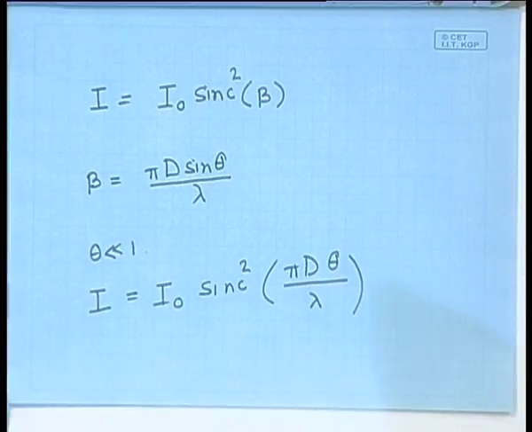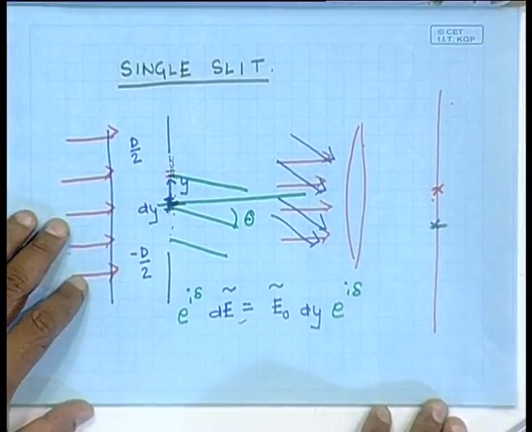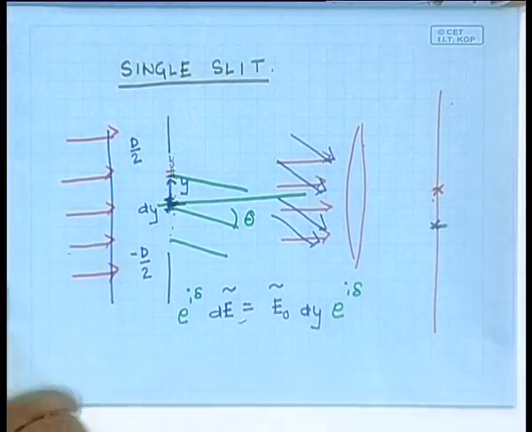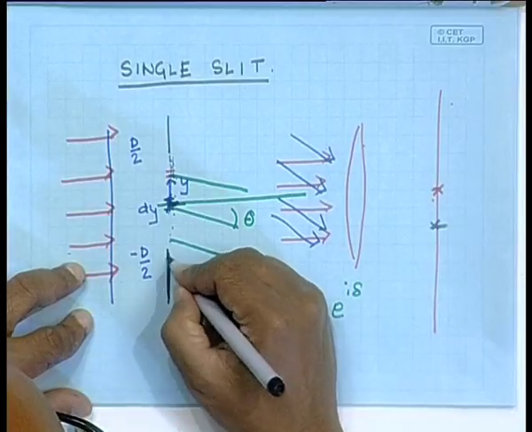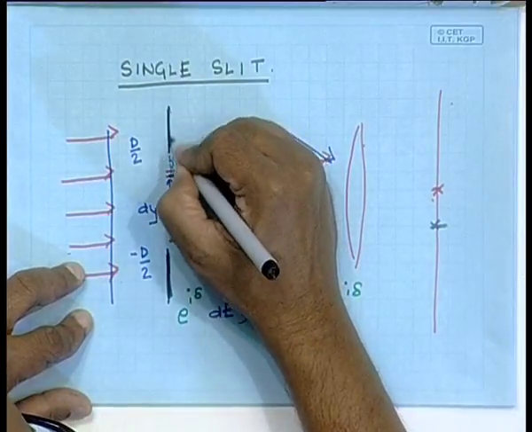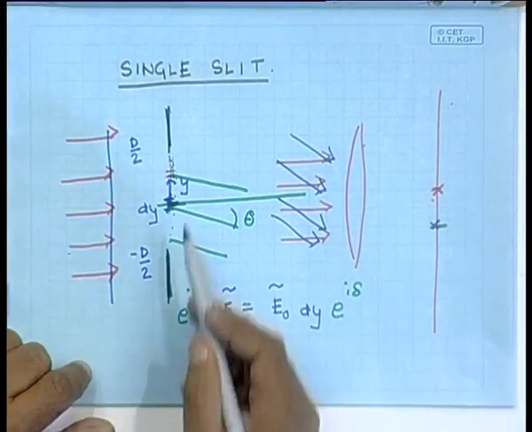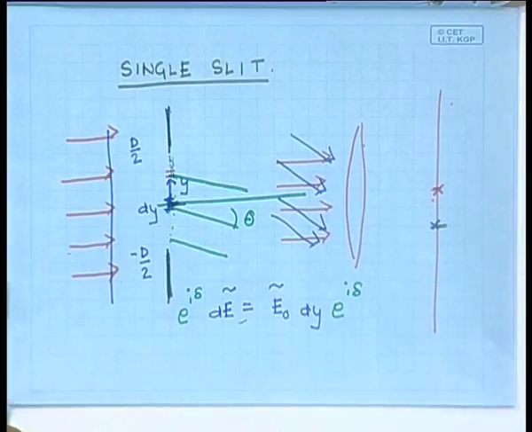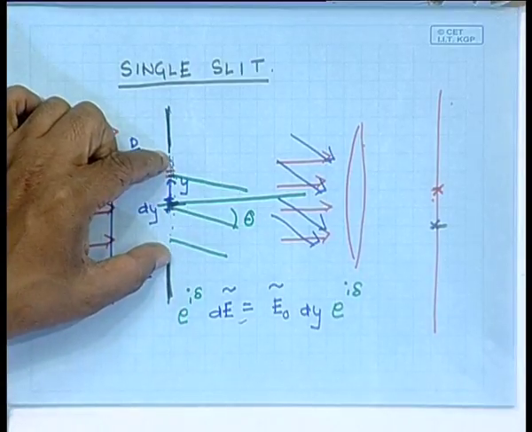Let me remind you again what we have calculated. We have a plane wave which is incident on a screen. In that screen we have a slit. The slit has a width d.